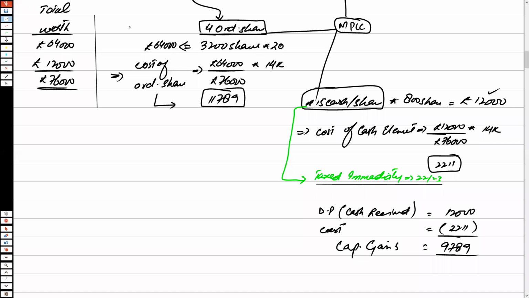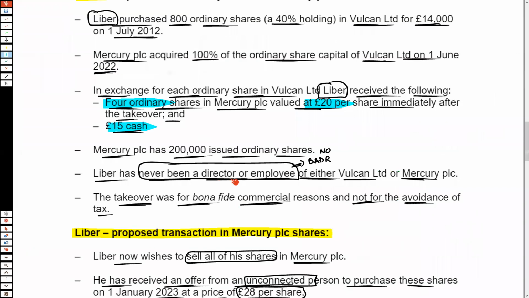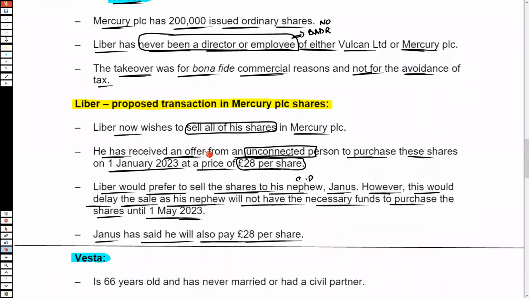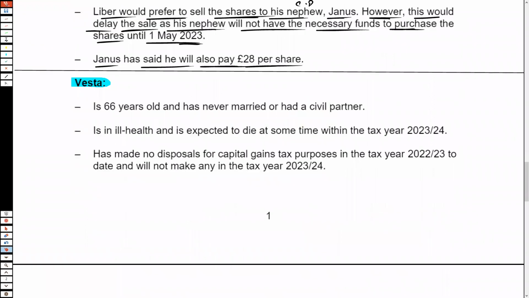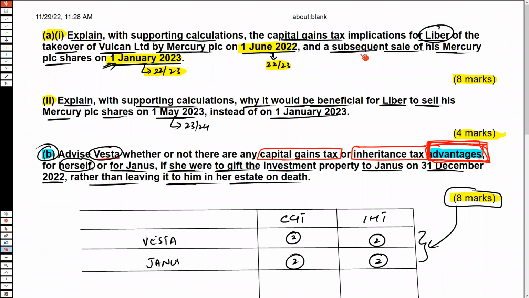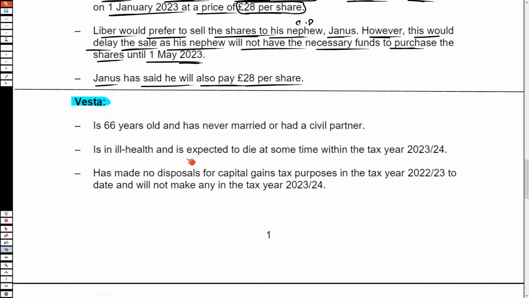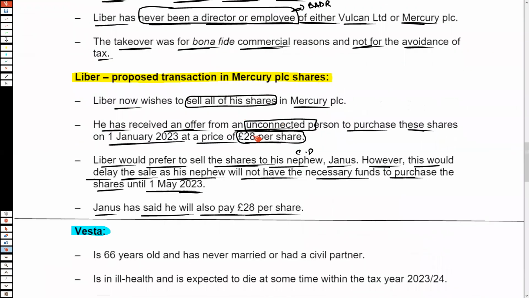Furthermore, he is planning to sell the shares on 1st Jan 23. Don't forget this, because the examiner has asked what will be the implications of his subsequent sale of the shares on 1st Jan 23. He is planning to sell the entire shareholding to an unconnected person at 28 per share.